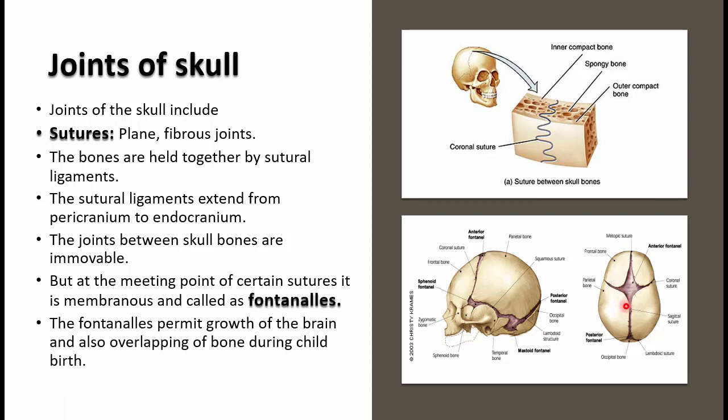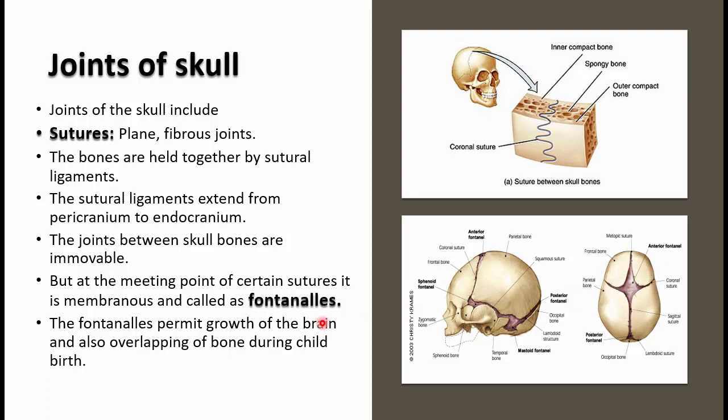And the third thing is when the child is descending through the birth canal during parturition or labor, these fontanelles allow these bones to overlap to some extent. So that means the skull is somewhat flexible so that it can easily descend through the vaginal canal during childbirth. So these are three main important things which represent the functions of the fontanelles.